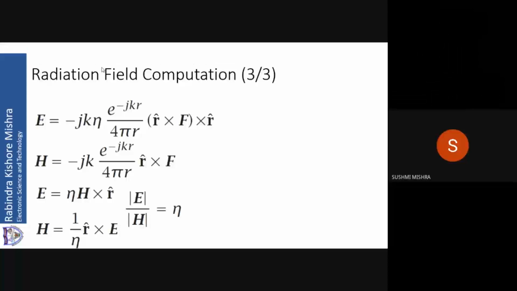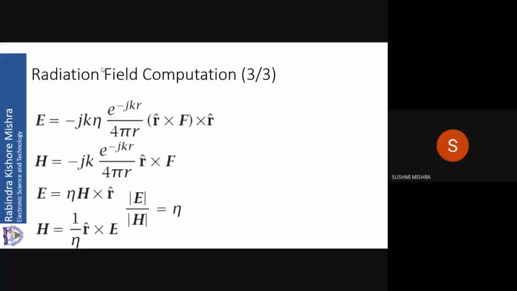R cap cross F is H. Therefore, E is perpendicular to H and r cap, which means both E and H are orthogonal to r cap as well as orthogonal to each other. That means E, H and r cap, they are perpendicular to each other.